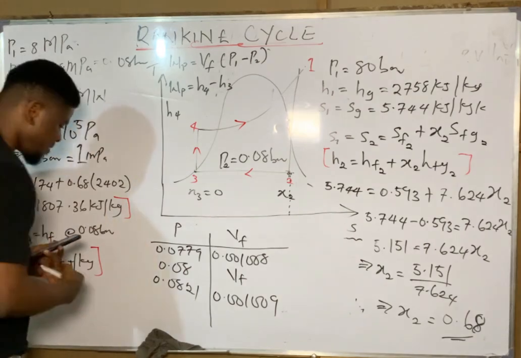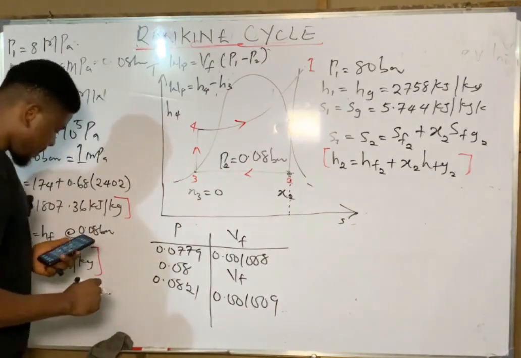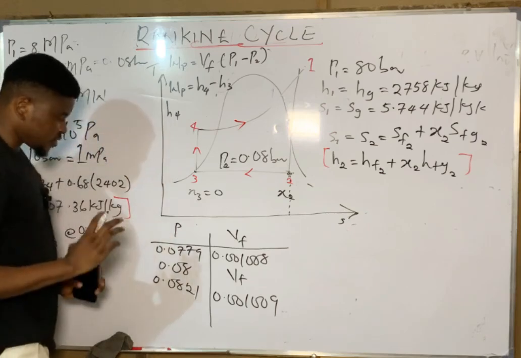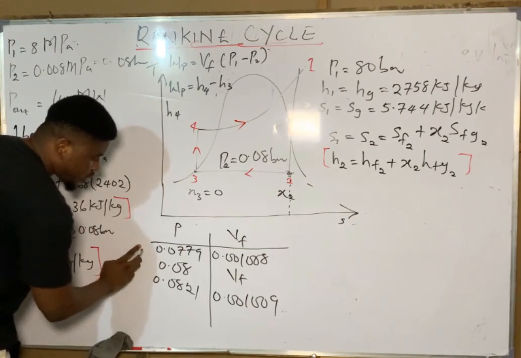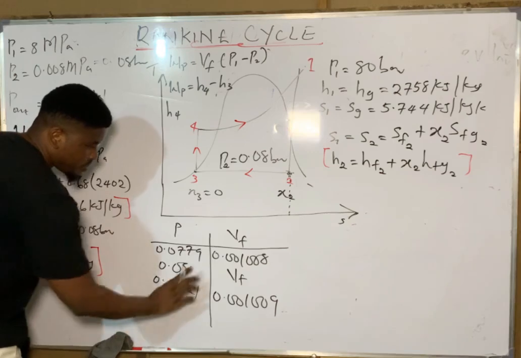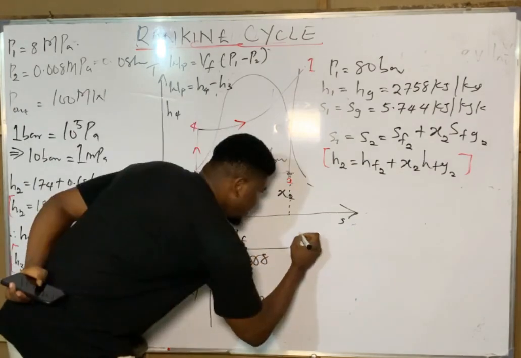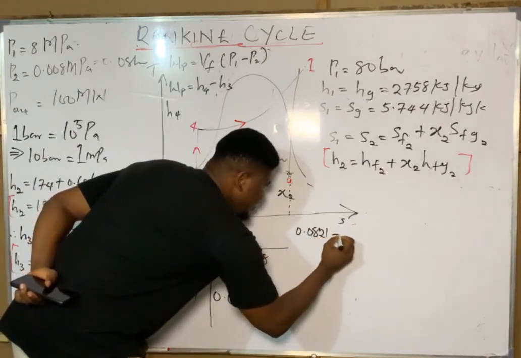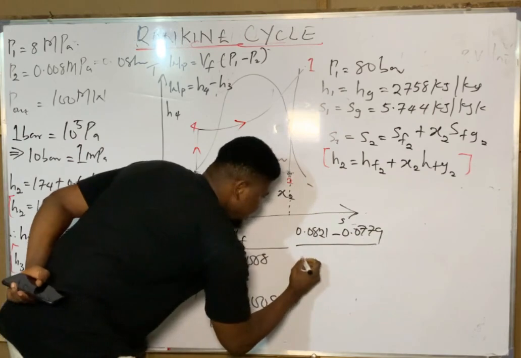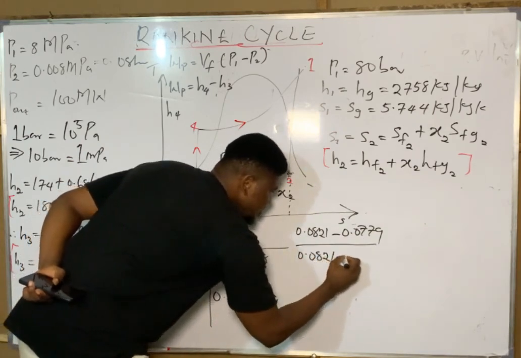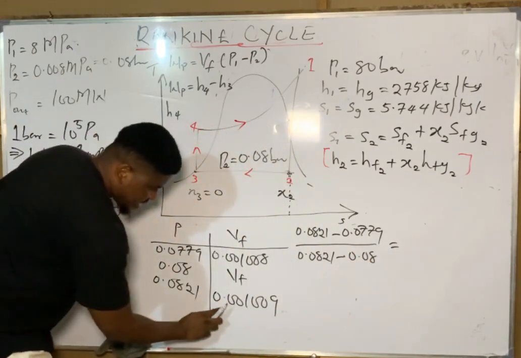So we need space now. Okay, now we interpolate simply. This is the shortest way to interpolate. We use last minus the first all over last minus the middle, and we maintain the same thing on the right hand side. So last is 0.0821. So we have 0.0821 minus 0.0779 all over last, 0.0821, minus the middle, 0.08, equal to, maintaining the same thing on the right hand side, last minus the first.